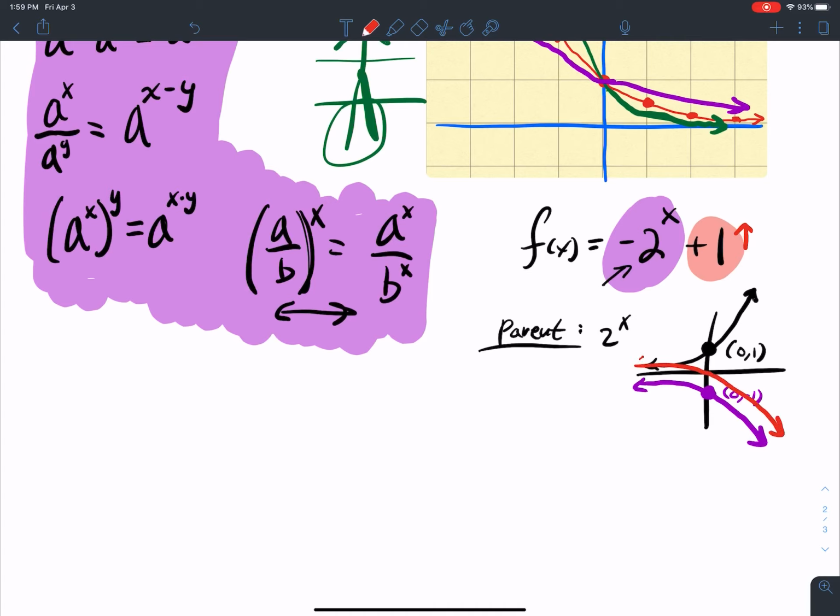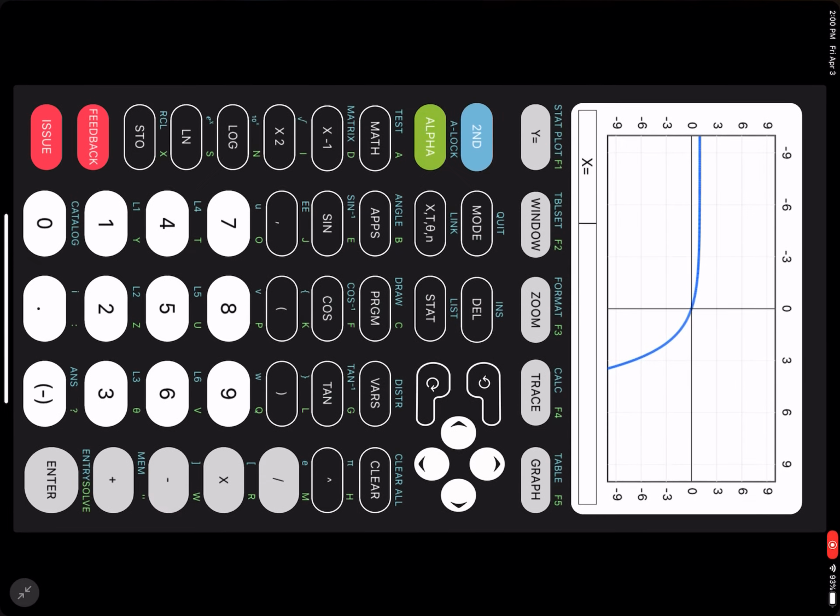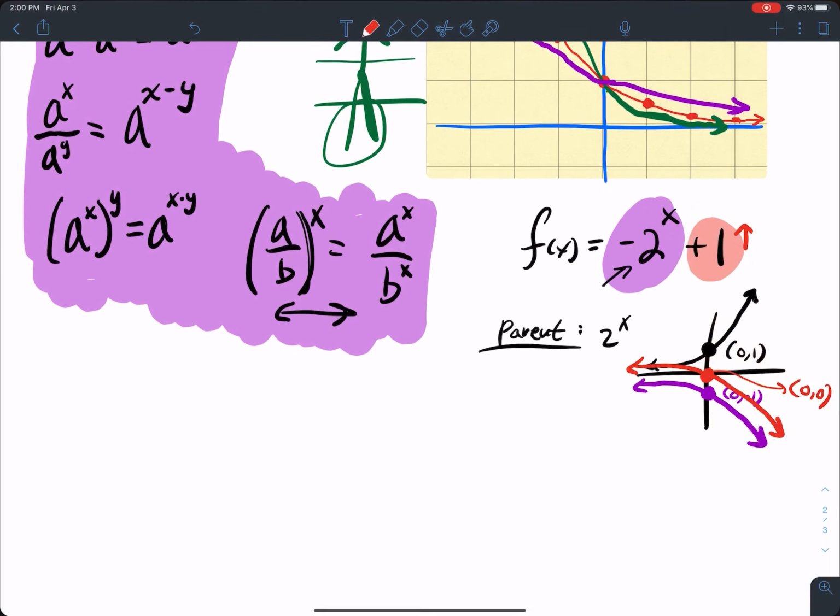So I literally shifted up 1, and it crosses through at that 0, 0 for my intersection there. Okay, so that's what's going on with this graph here. So that gives you a way to look at it from both sides, looking at it through graphing it versus using tools for transformations.